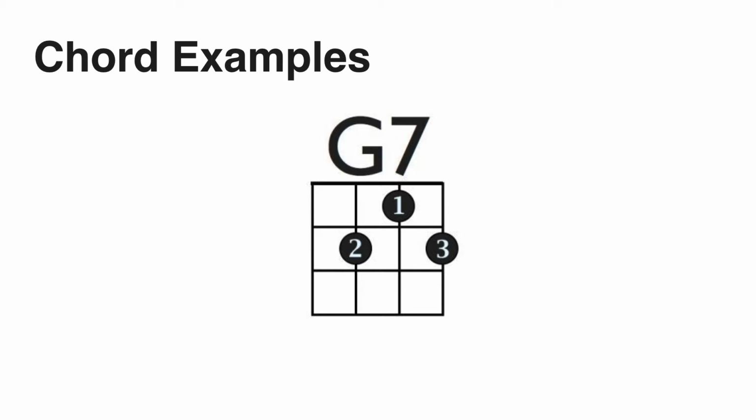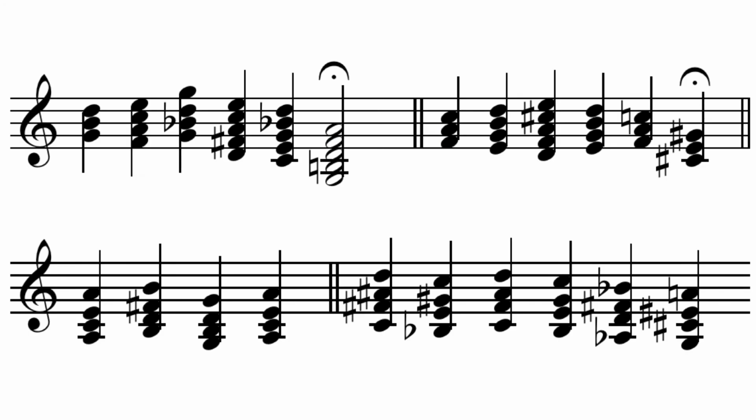That's what a chord will look like on ukulele or guitar. This is what they sound like. This is what they would look like on piano or in a composition. They're all stacked together. They happen all at the same time, one then the next. So chords can look different ways.